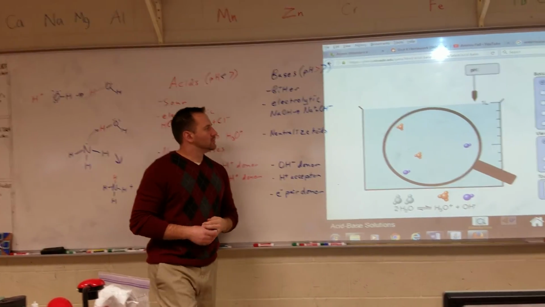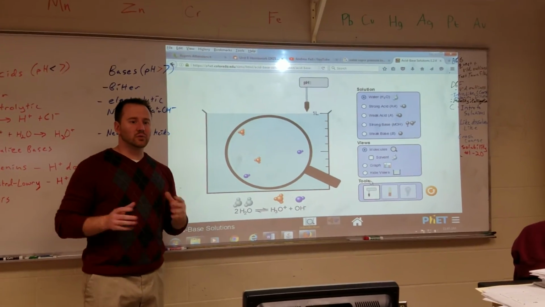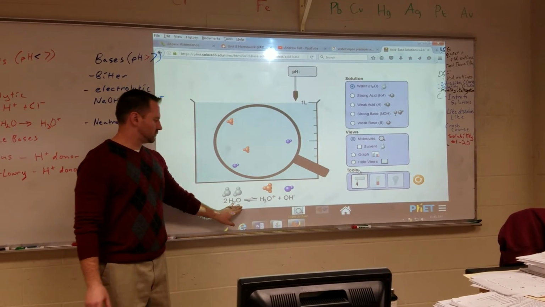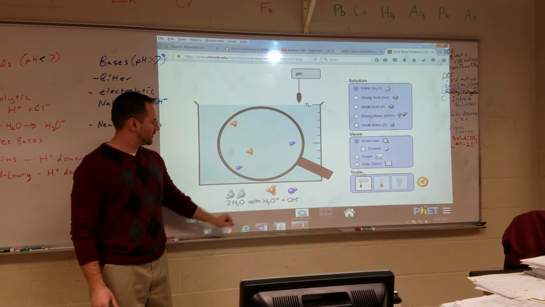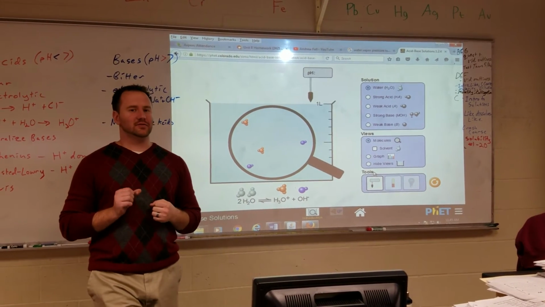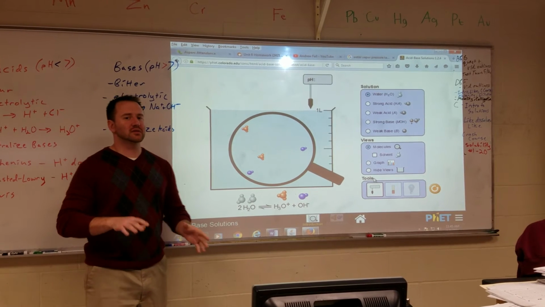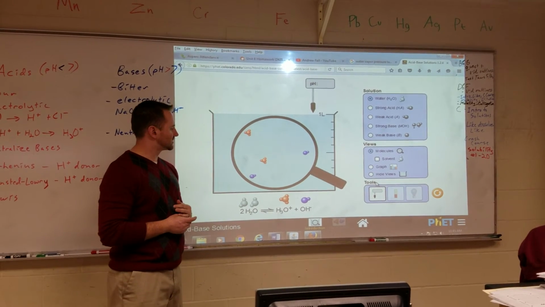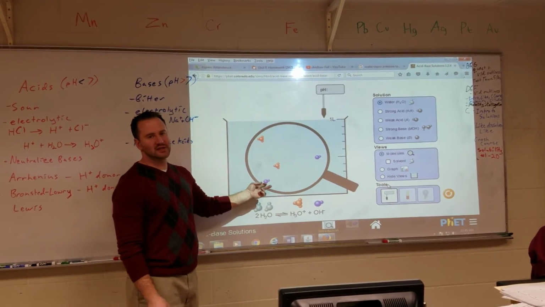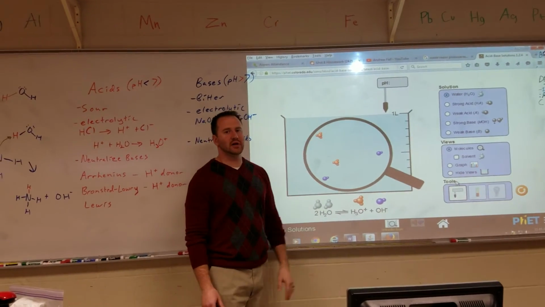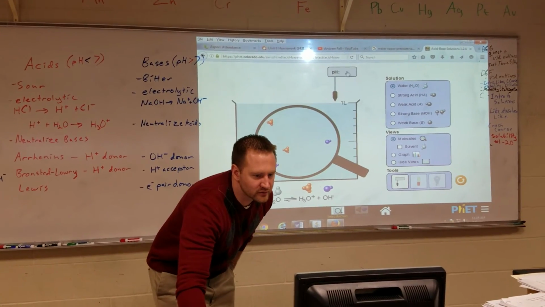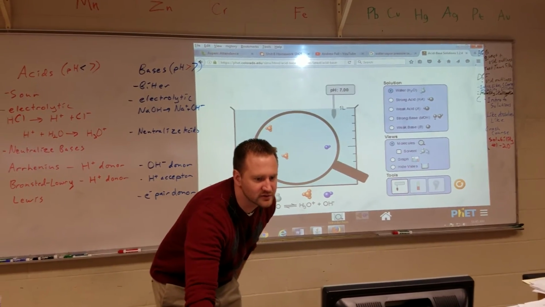Now we're going to talk about the difference between strong acids and weak acids, and water. Water itself, H2O, as you all know, self-ionizes at a very low concentration, 10 to the -7th molar. We'll get into that in a lot more detail when we talk about the pH scale. But for now, you can assume that if you have water, there's a tiny amount of hydroxide ions and a tiny amount of hydronium ions floating around, giving a pH of 7.